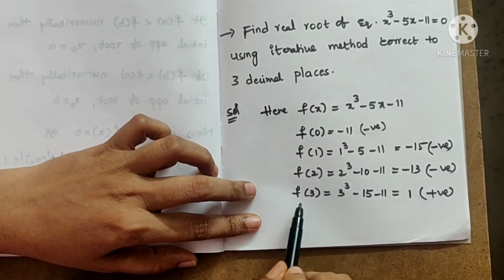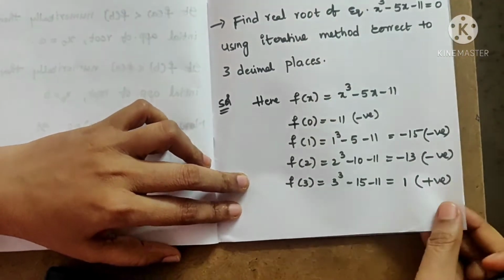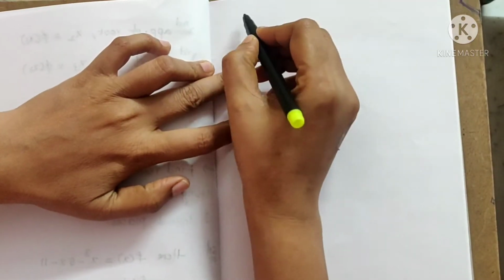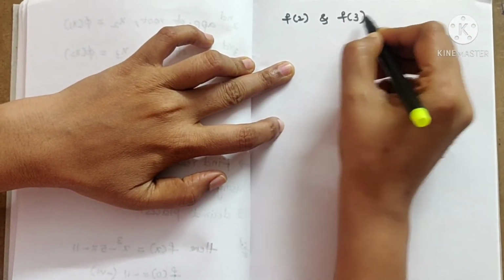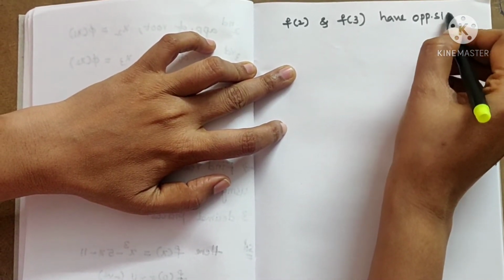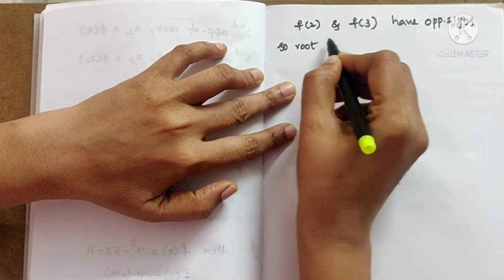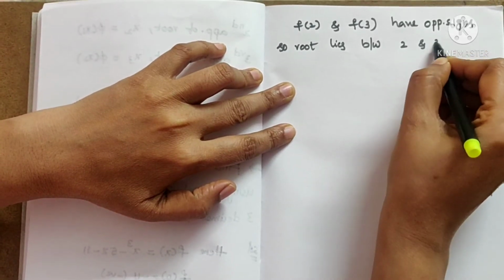So f of 2 and f of 3 have opposite signs, so the root lies between 2 and 3.